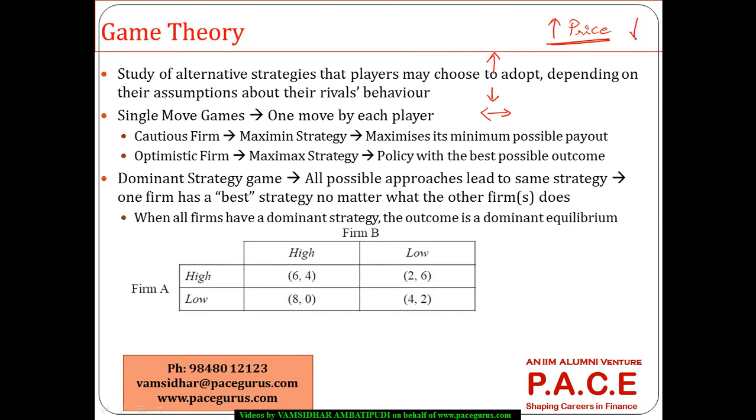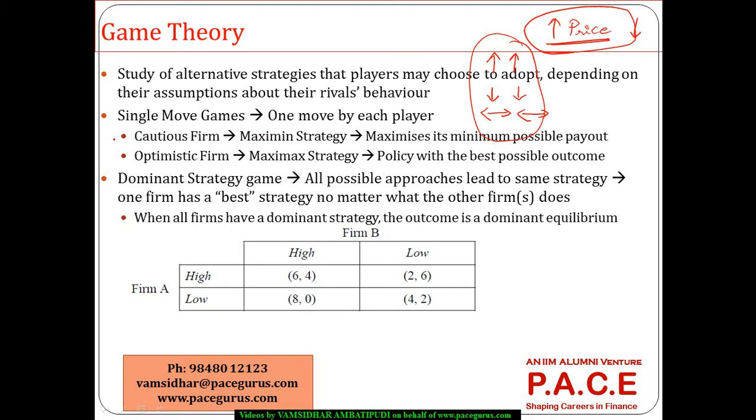Similarly, when my opponent is decreasing the price, would I be better off by increasing the price, decreasing the price, or staying constant? So this kind of assessment is what comes through game theory. The opponent will do one of these and I have to react with one of these, which means each player is going with only one.